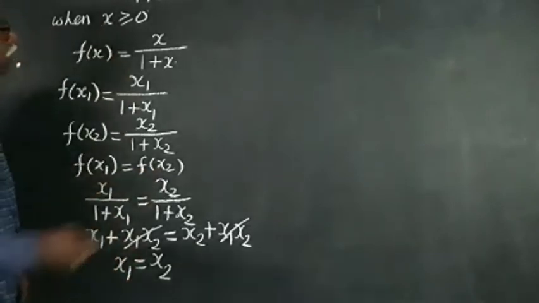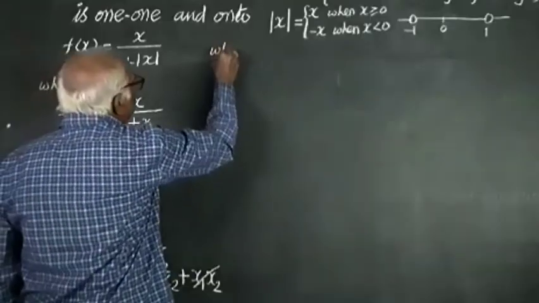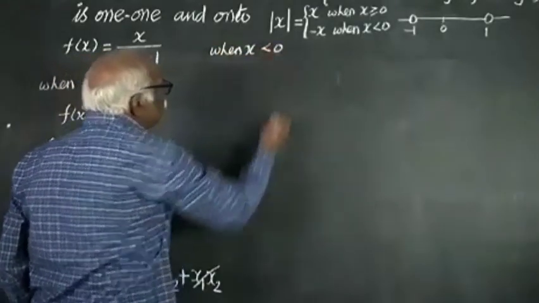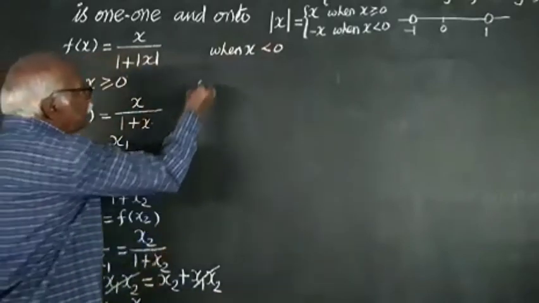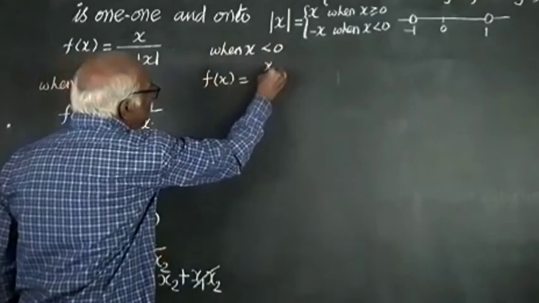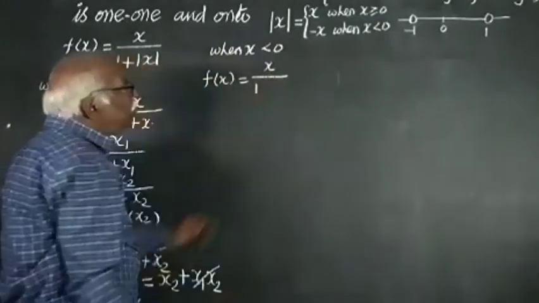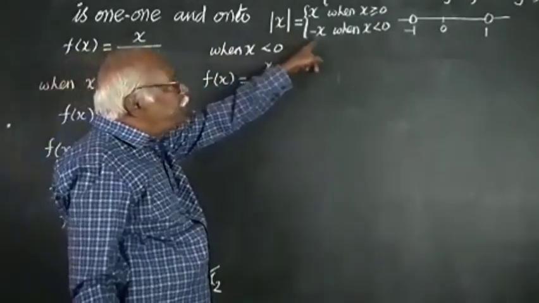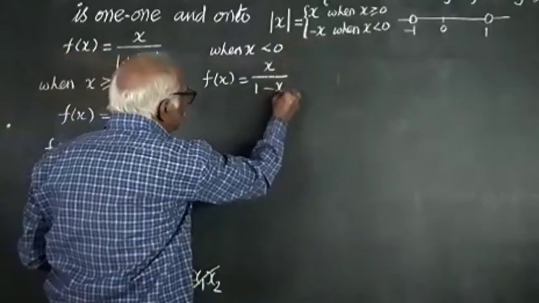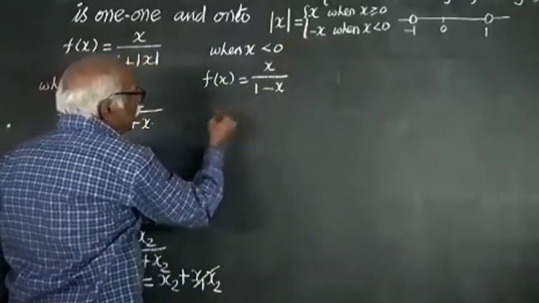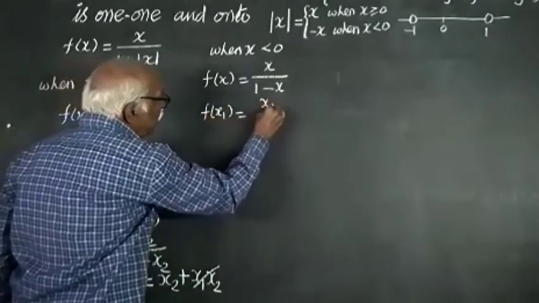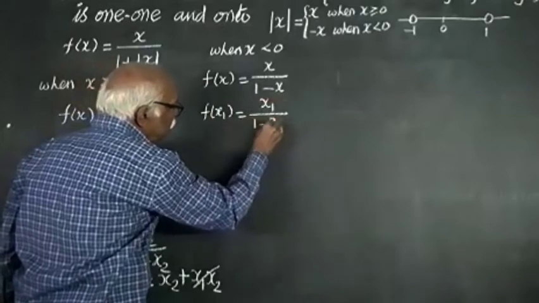That is the first case. Second case, when x less than 0, f of x is x divided by 1 plus modulus x. When x less than 0, modulus of x is minus x. In place of modulus x, I put minus x. f of x1 equal to x1 by 1 minus x1.